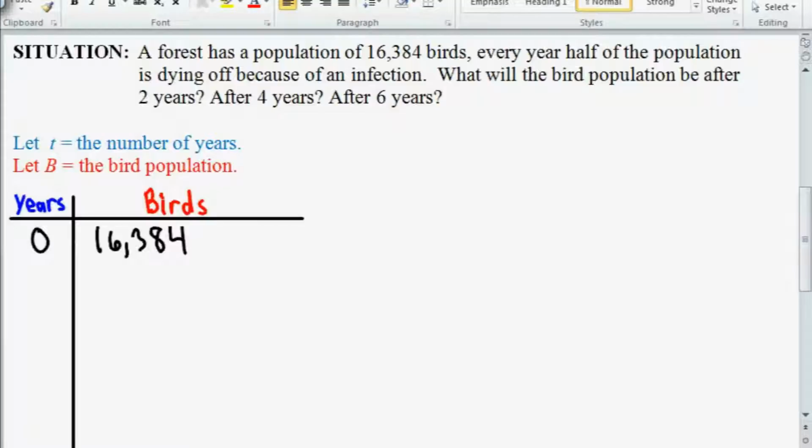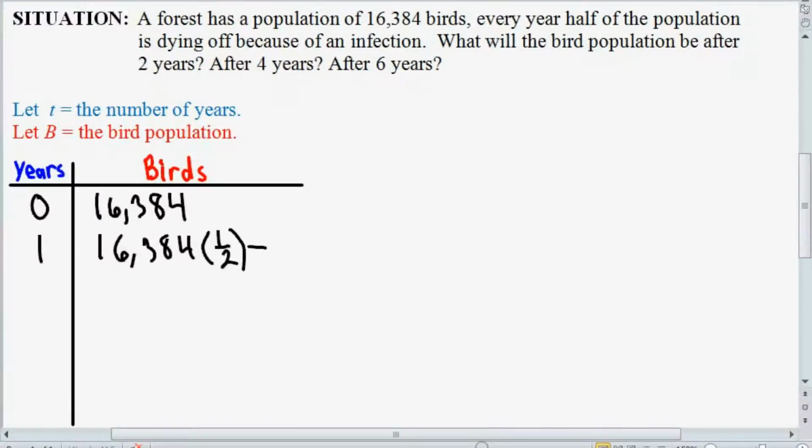Since the bird population is going to die off by half in the course of 1 year, that will mean that 16,384 will not be the new population, but rather half of it will be left. So we will then have to multiply our number by 1/2, which will give us a bird population of 8,192.